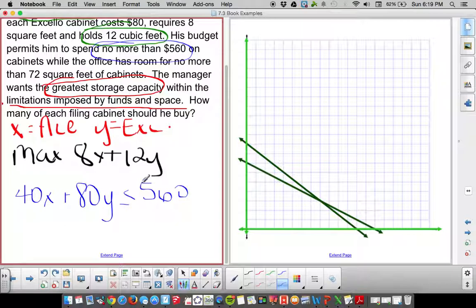I know I also have a space limitation here. So I know that the Ace cabinet takes up 6 square feet and the Excello cabinet takes up 8 square feet. And that can be no more than 72 square feet.